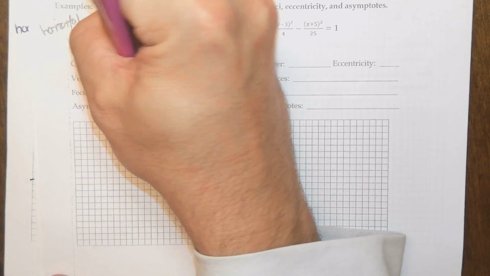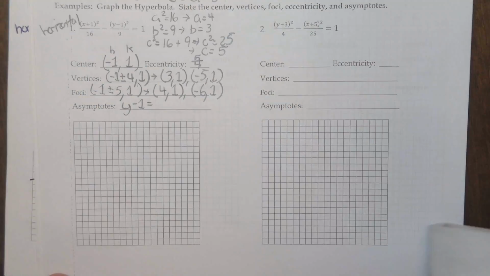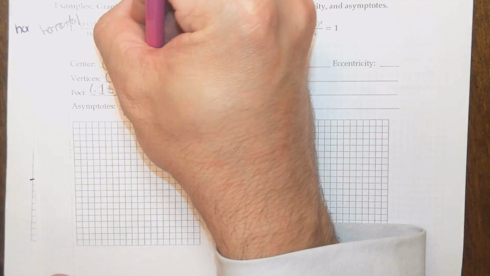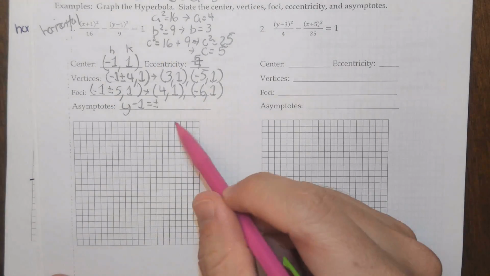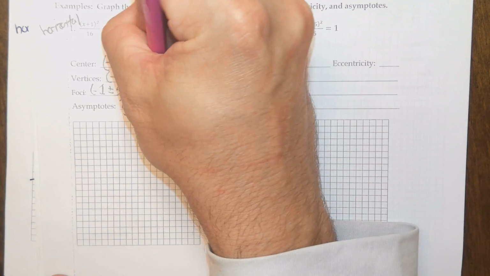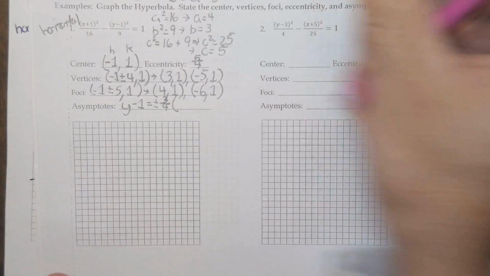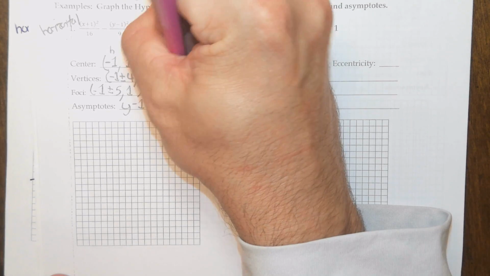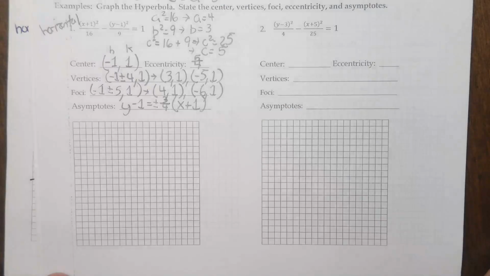We had +1, so we write y minus 1 equals, and since this is a horizontal hyperbola, it's plus or minus b over a. What do we get for b? We got 3 over a, which is 4. And then in parentheses, again, opposite from your center. Since it was a negative 1, it's going to be x plus 1.